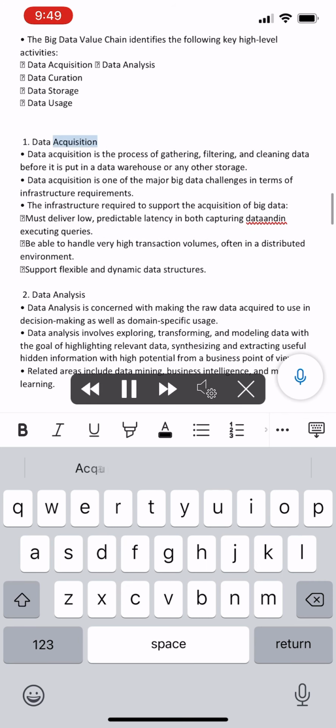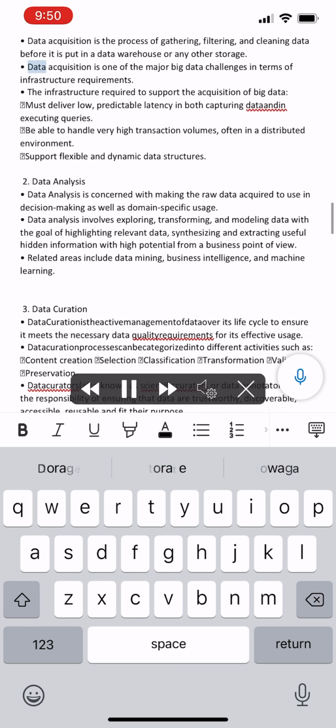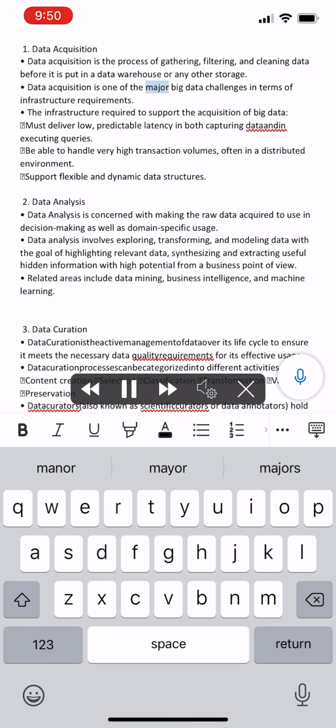1. Data acquisition. Data acquisition is the process of gathering, filtering, and cleaning data before it is put in a data warehouse or any other storage. Data acquisition is one of the major big data challenges in terms of infrastructure requirements.